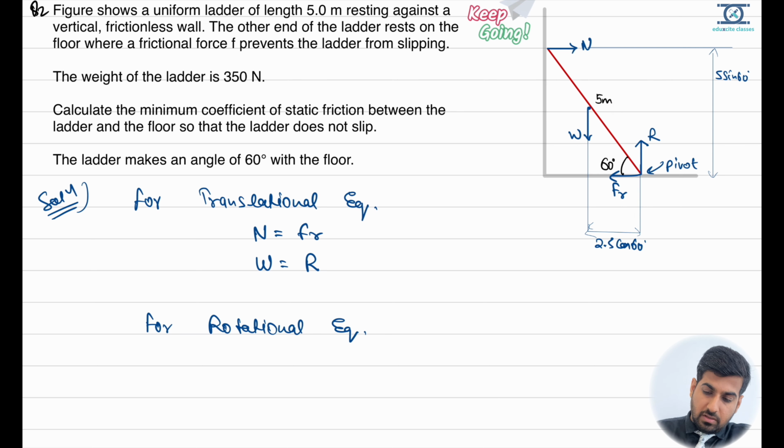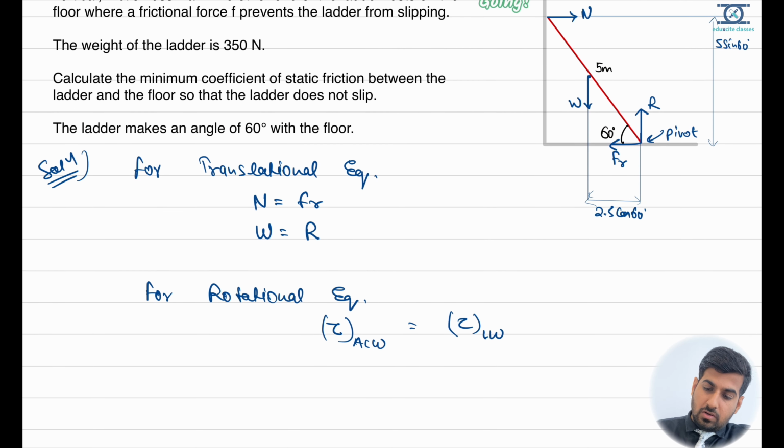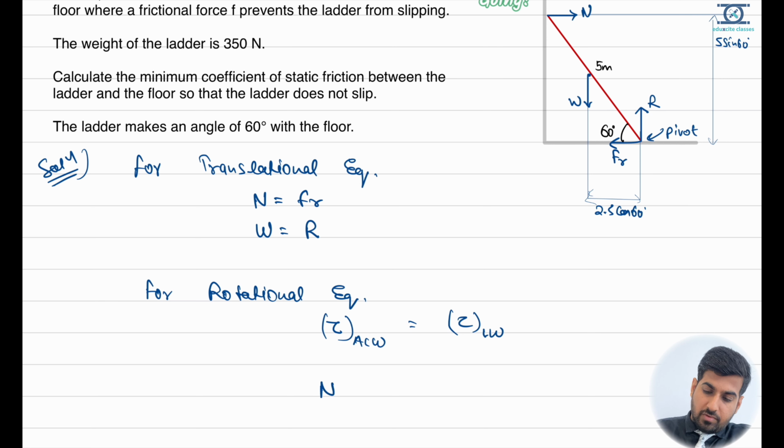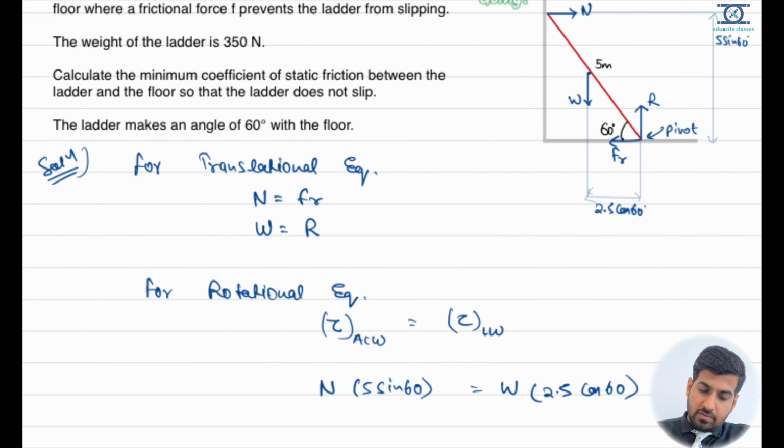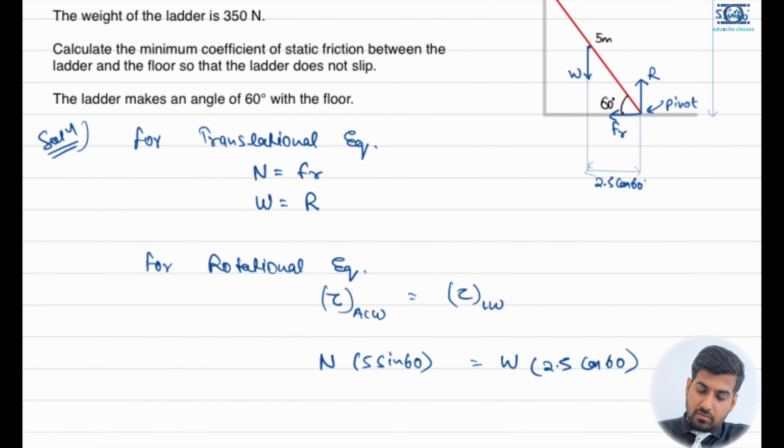So if this is in rotational equilibrium, the torque in the anti-clockwise direction will be equal to the torque in the clockwise direction. So anti-clockwise will be the normal reaction force times 5 sine 60. Similarly, clockwise will be the weight times 2.5 cos 60, right? Now the weight of the ladder is 350 Newton as given in the question.